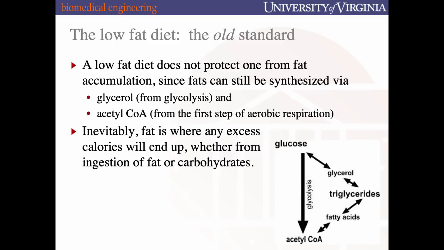Therefore, if fats are removed from the diet, you'll deplete here, but if those calories are substituted with lots of sugars and carbohydrates and other things which will feed in to the top here, it's no problem for beta oxidation or the processes of fat breakdown to run in reverse. You build up more glycerol, you build up an excess of acetyl-CoA, and those are going to start driving fat synthesis.